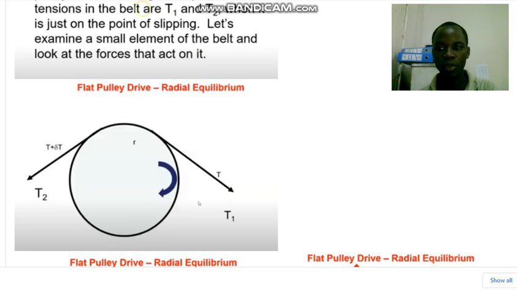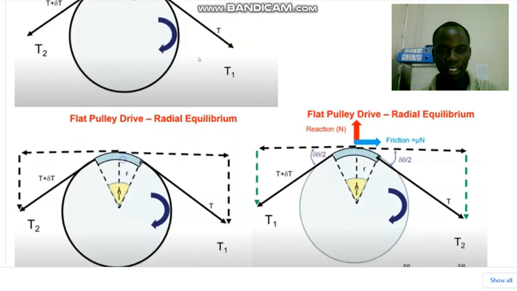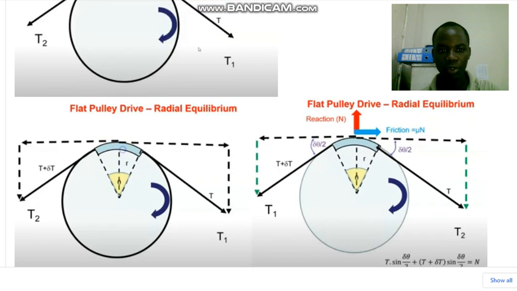So we know that the pulley has the slack and the tighter end. Then, to derive the equation, we will consider the point of contact.